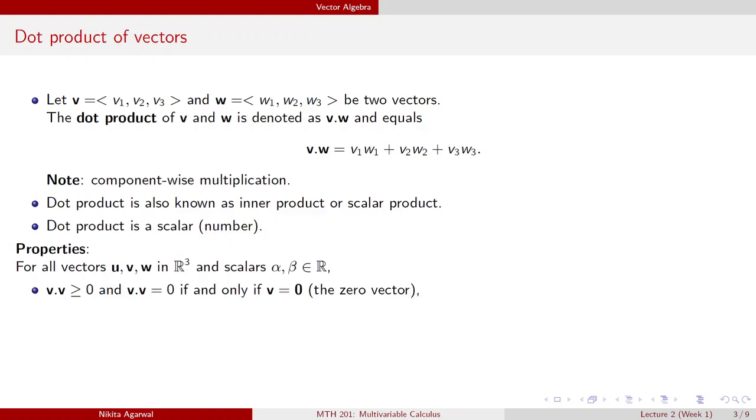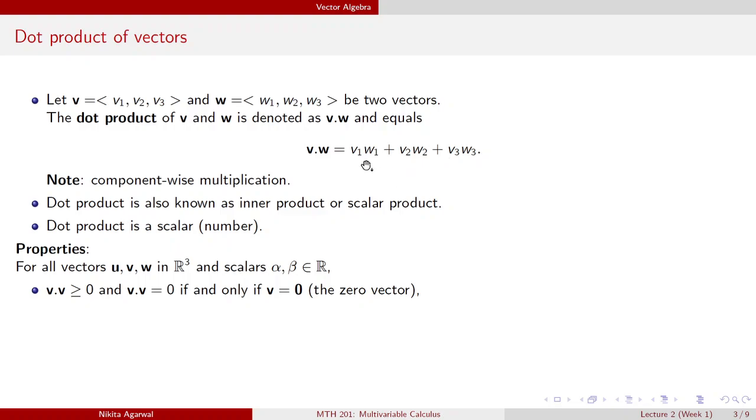Let us look at a few properties of dot product. So first property is that dot product of a vector with itself is greater than or equal to 0. Why? That's not difficult to see. If V is equal to W in this equation, then W1 is V1, W2 is V2, W3 is V3.